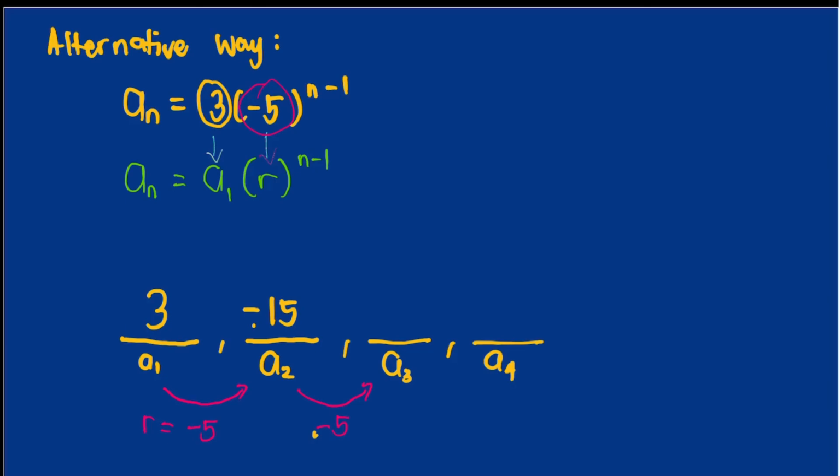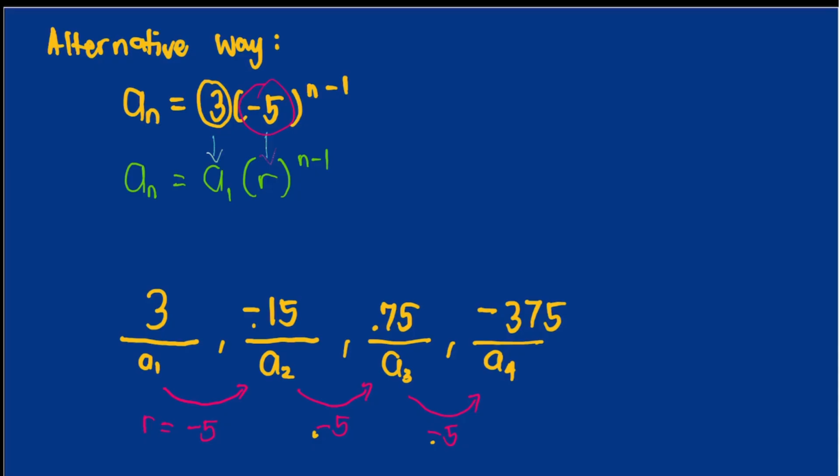Tapos, 60 na yon plus another 15. So, the answer is positive 75. Again, multiply na naman natin yung preceding term by the common ratio, positive times negative. So, the answer is negative. So, 75 times 5, we will get 375. So, same lang siya nung kanina.